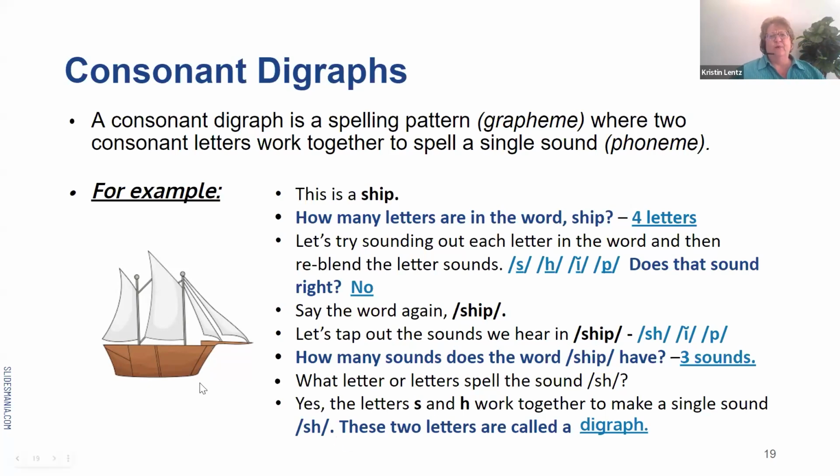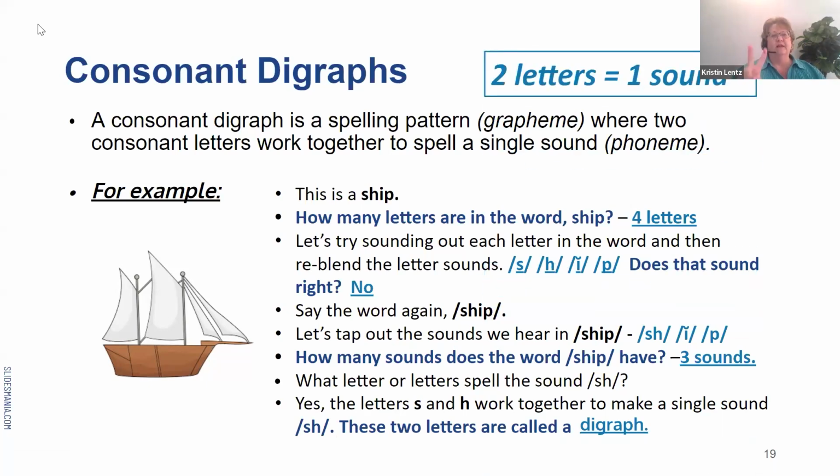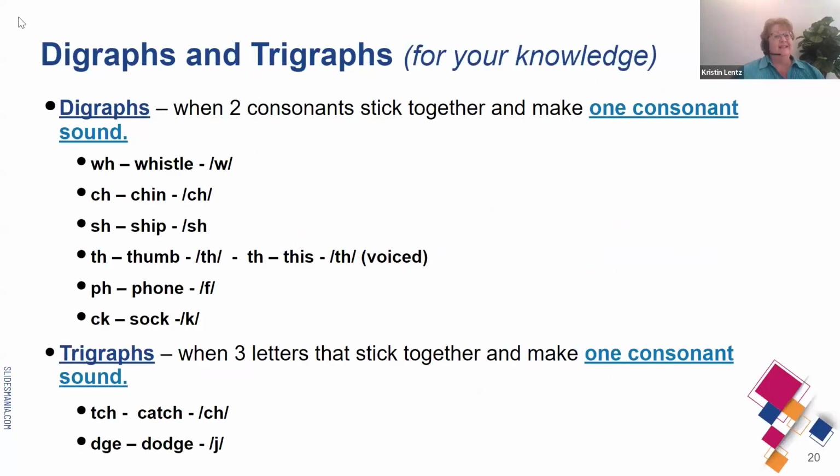This is just an example of a way that we can help our students better understand how to read the word, or understand what a digraph is in a word. Again, 2 letters, 1 sound. This screen is just for your general knowledge, because we're going to be practicing doing some mapping of words coming up shortly.